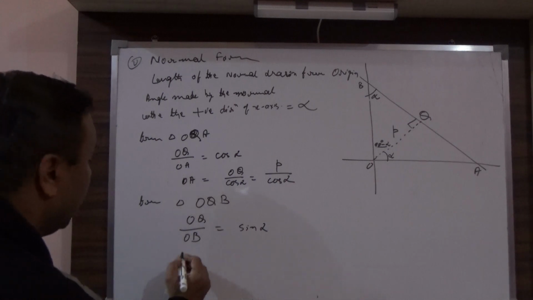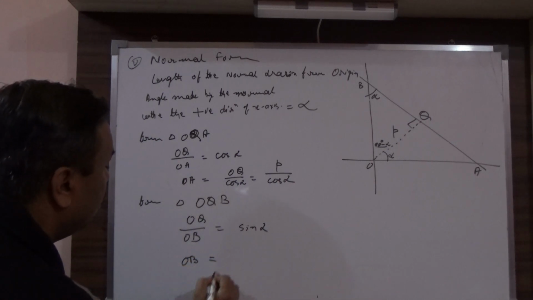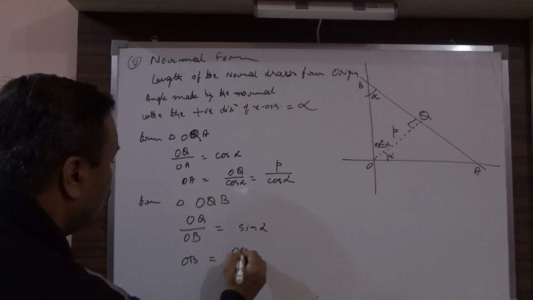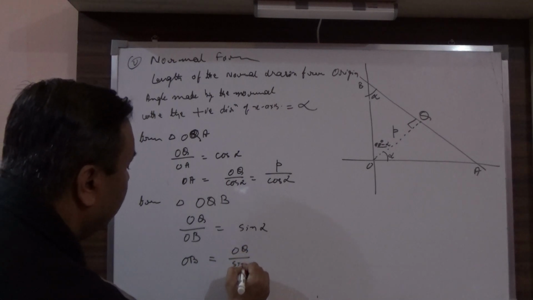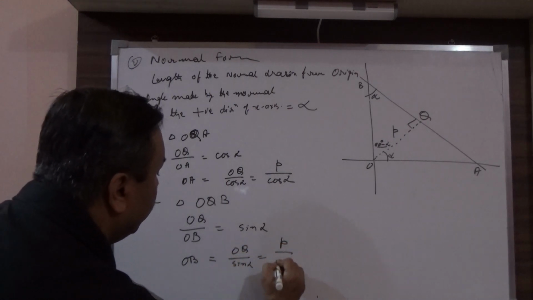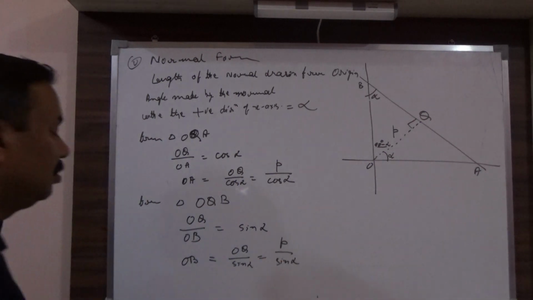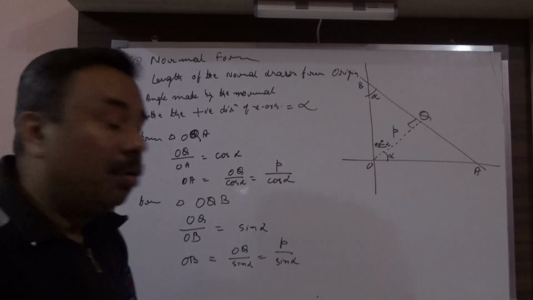Or from this I can say OB is equal to OQ over sin alpha, or P over sin alpha.